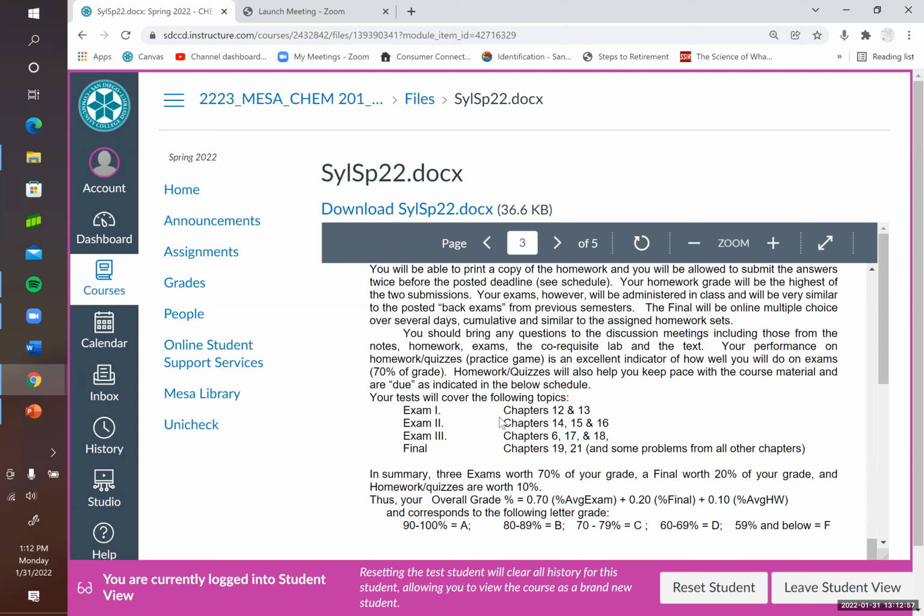Exam 1 covers kinetics, that's chapter 12 in the Zumdahl, and equilibrium, which is chapter 13 in the Zumdahl. The second exam covers these chapters and so forth. Okay.